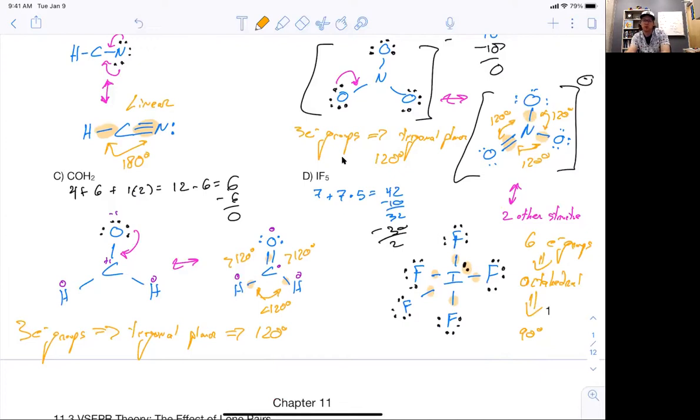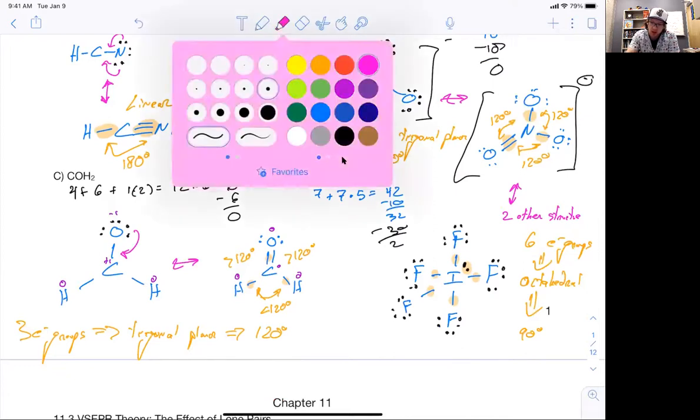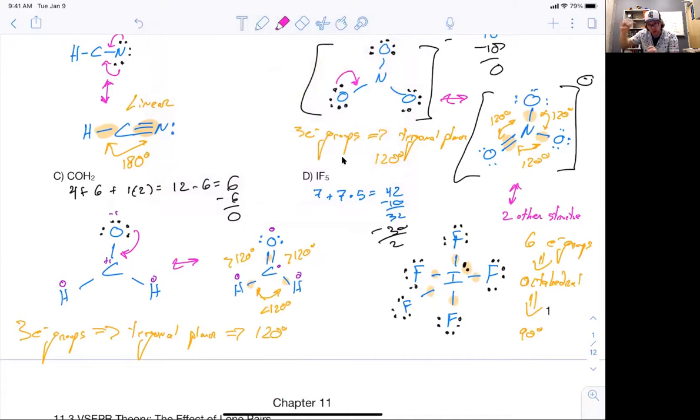You might be wondering, since we just talked about formaldehyde, COH2, and how that oxygen took up more space, and over here on the iodine, I see 2 different terminal groups. I see fluorine atoms and a lone pair. Does one of those take up more space than the other? Yes, probably the lone pair, because it's not shared between atoms, will take up a little bit more space than the bonds to fluorine.